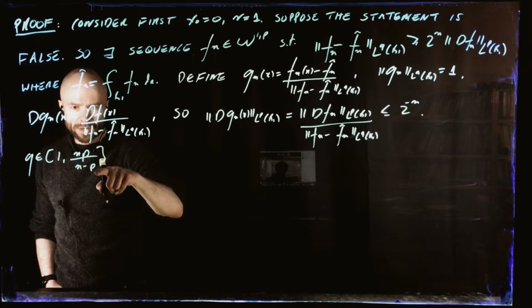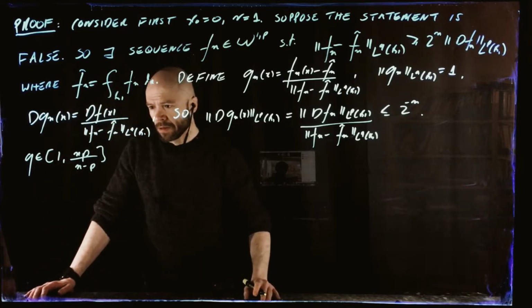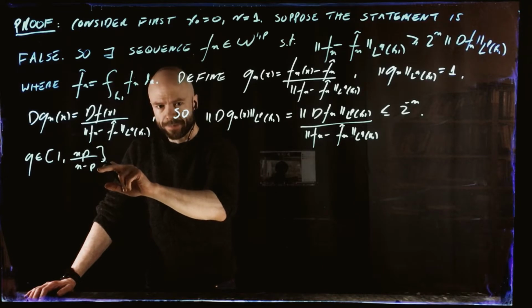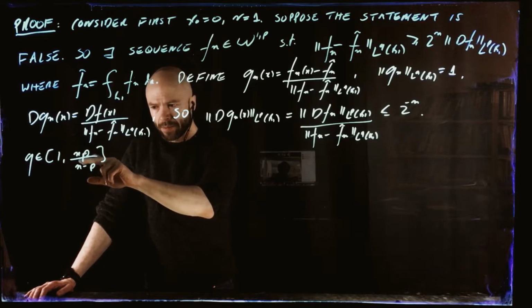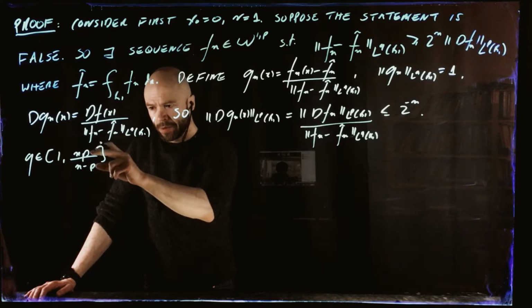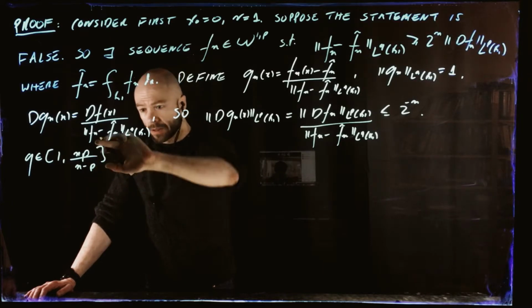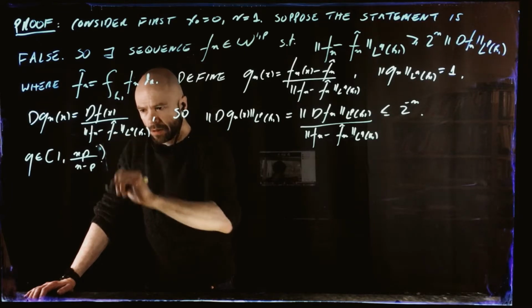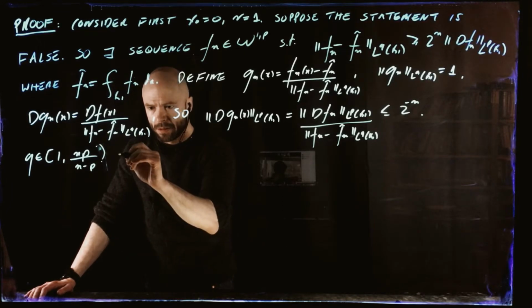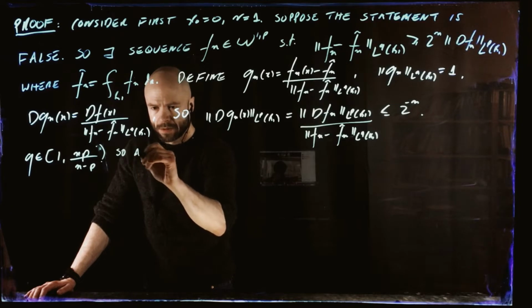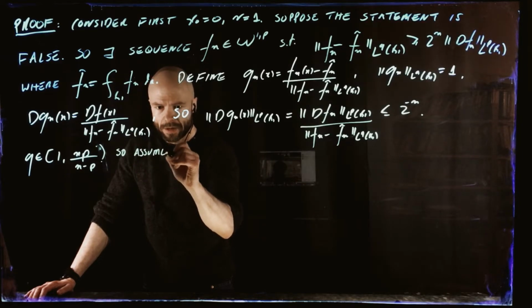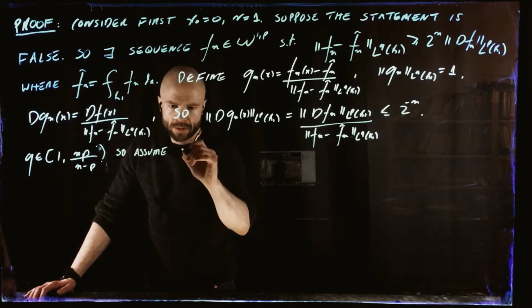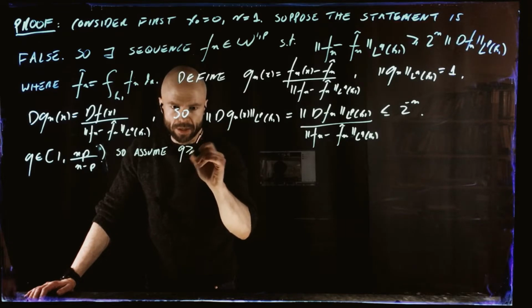So this exponent will always be bigger than p. We can take something that is bigger than p but less than this exponent, not including it. This is not a very important point, but it makes things a bit neater.